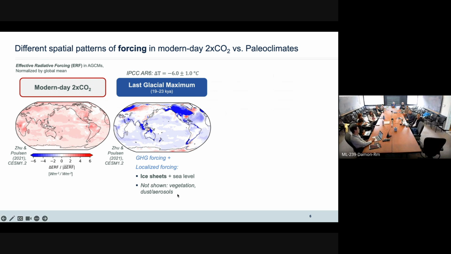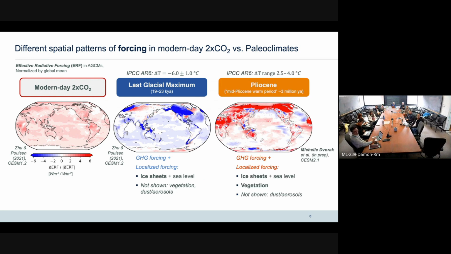Not shown in this figure are also the vegetation, dust, and aerosol forcings, which are important, and we account for those in our ECS calculations. They're just not in this particular plot from the model simulation. The Pliocene forcing is somewhat similar, but opposite sign to the LGM in a way.